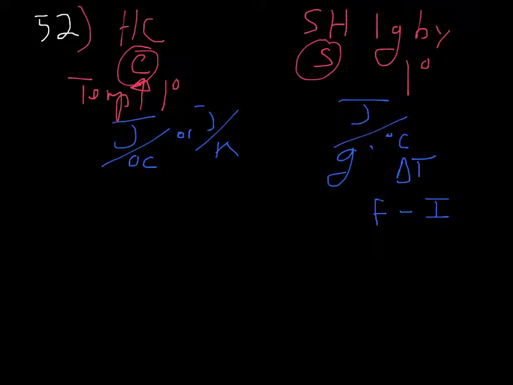Okay, so for 52, we start with a specific heat of 2.42 joules per gram times kelvin, and it wants to know what our joules is.